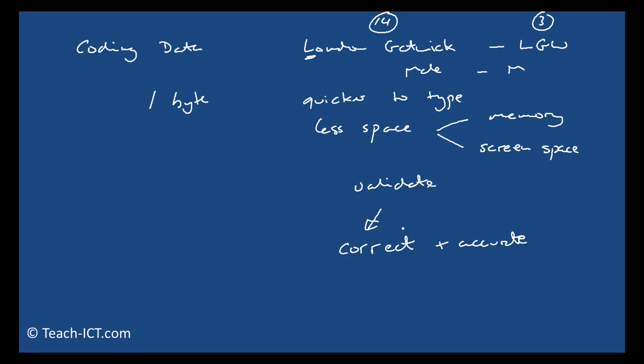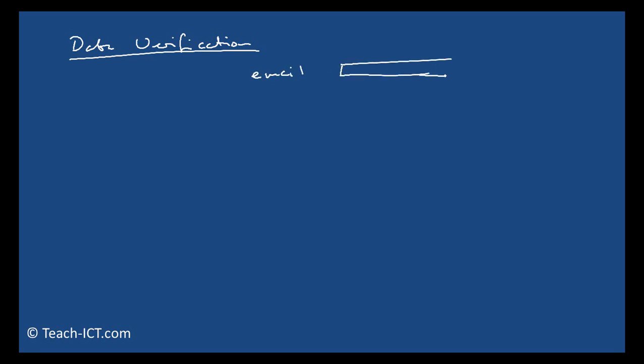So I think we'll deal first of all with the concept of verification. So let's put this down here. Data verification. Right. Let's get a couple of bits straight, first of all. The most common way that you'll see data verification is you might be on a screen on a website and it'll ask you for your email address.